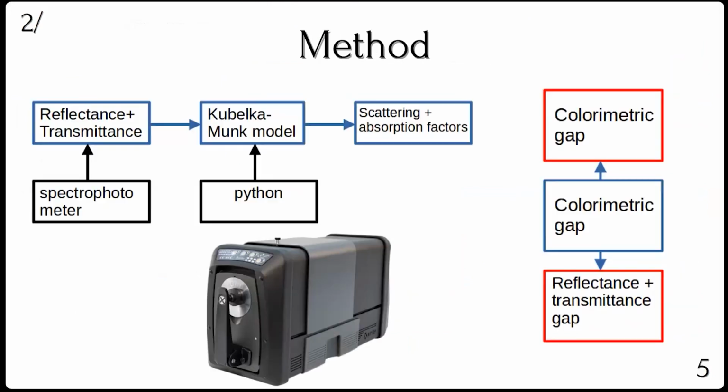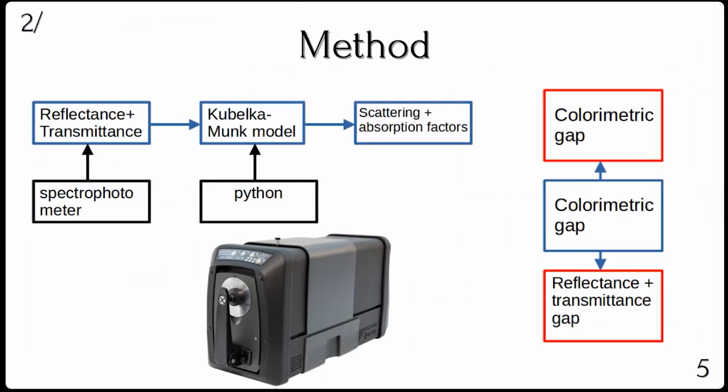So here is the method that we used with my partner in order to identify the properties of those different cards. With a spectrophotometer from X-Rite, we measured the reflectance factor and the transmittance factor.